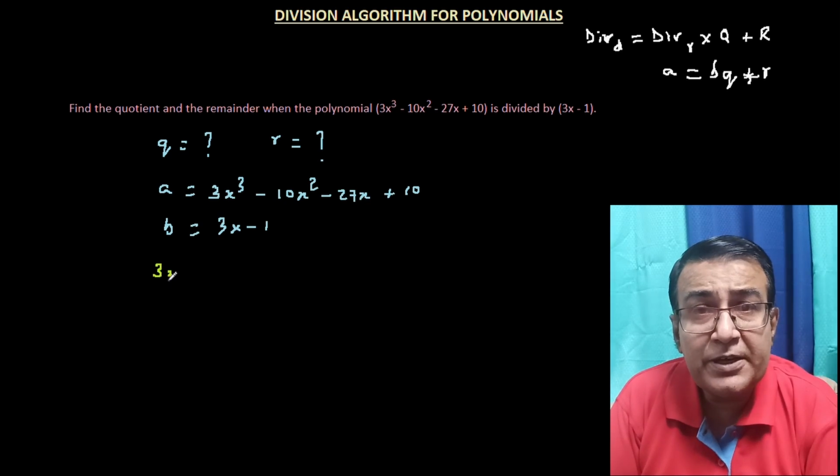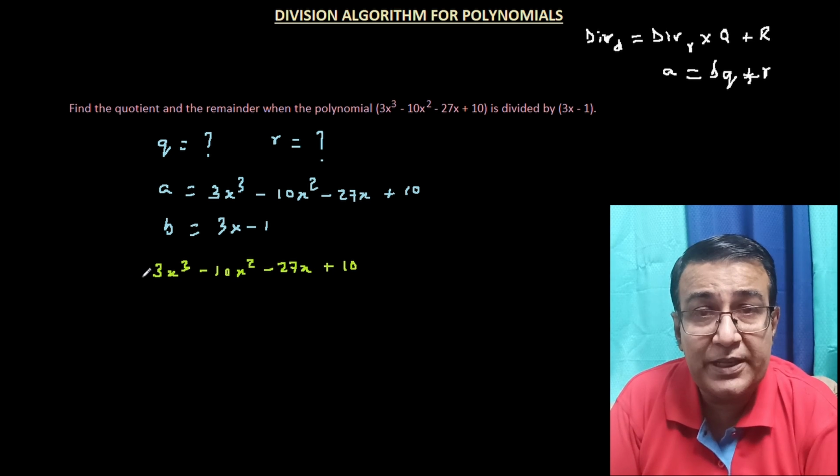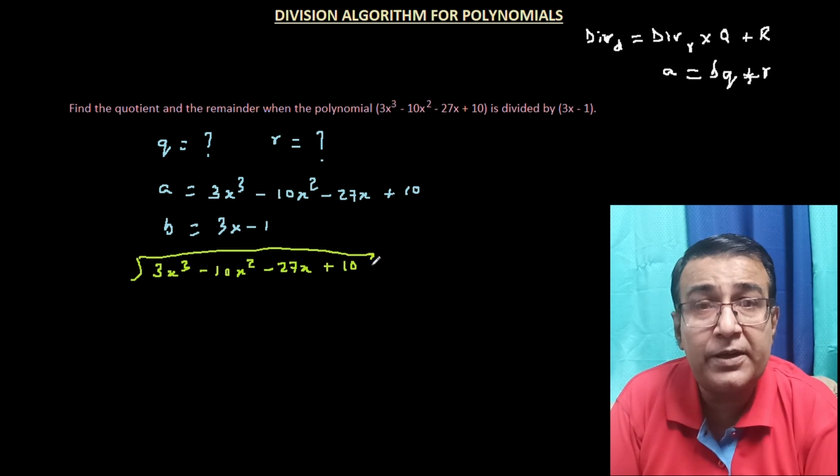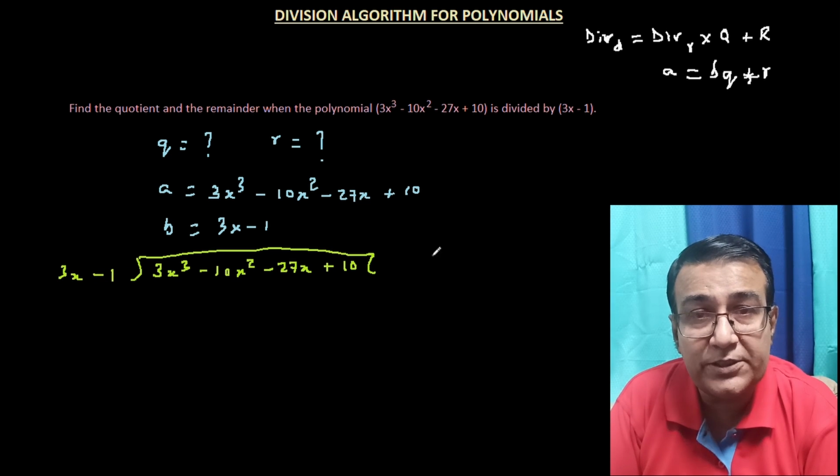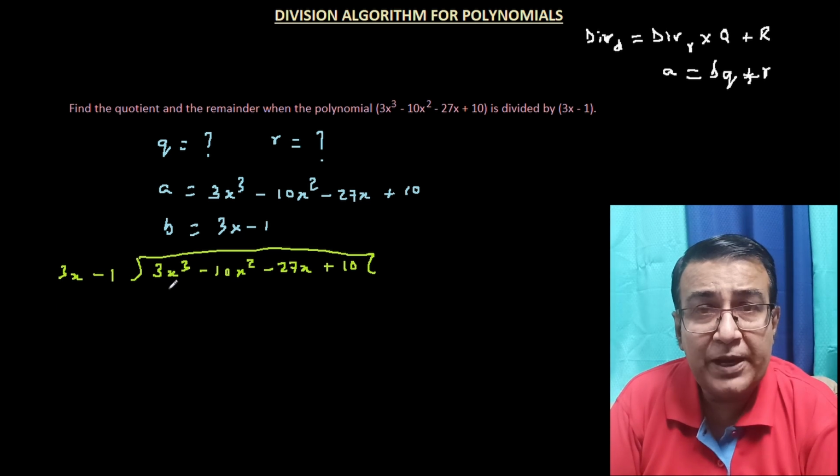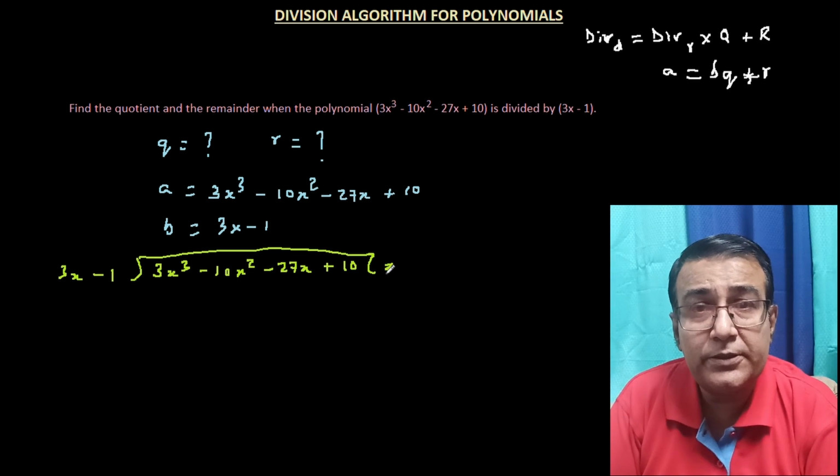So we write this dividend, 3x cubed minus 10x squared minus 27x plus 10, inside the box, and the divisor, which is 3x minus 1, outside the box. 3x cubed divided by 3x gives us x squared. x squared goes in the quotient.